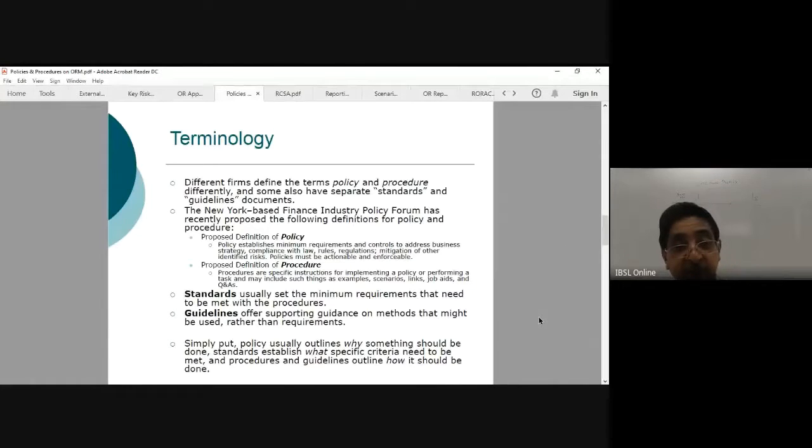Procedures are specific instructions for implementing a policy or performing a task, and may include such things as examples, scenarios, links, and jump backs. Now you can see the difference between policy and procedure. Procedures are the specific instructions for implementing something, a type of task implementation, performing a task.